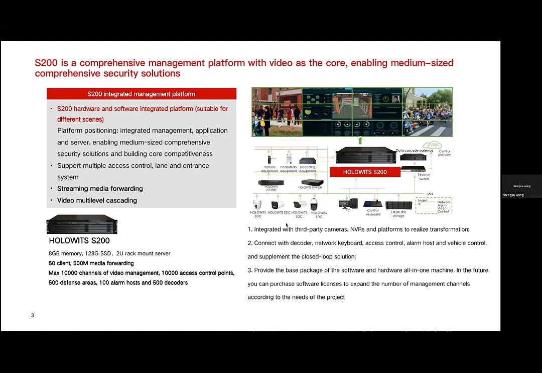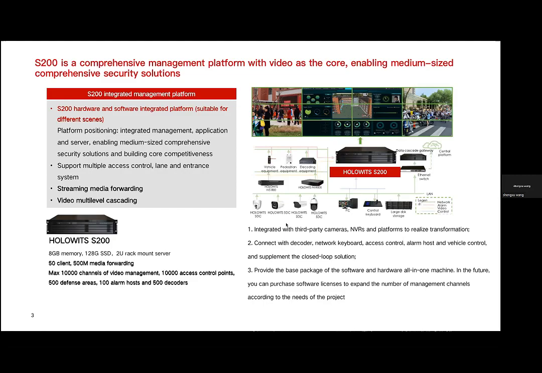And lastly, we provide the base pack of software and hardware. It is an all-in-one machine. That means when you buy HOLOWITS S200, we offer you a hardware server and a VMS software platform, and you also get the free license already. It is a package.